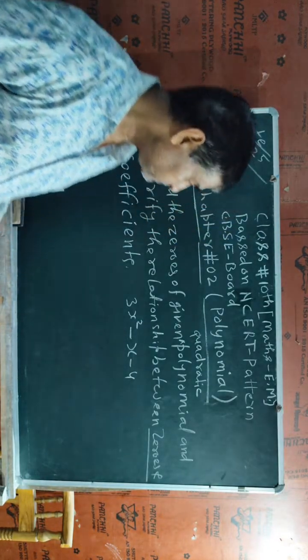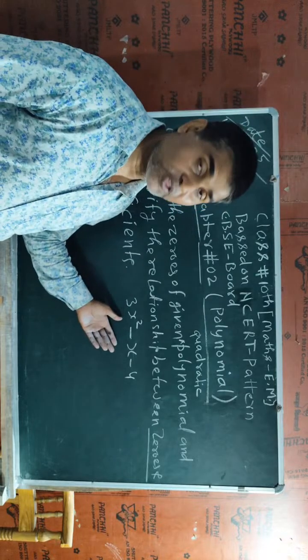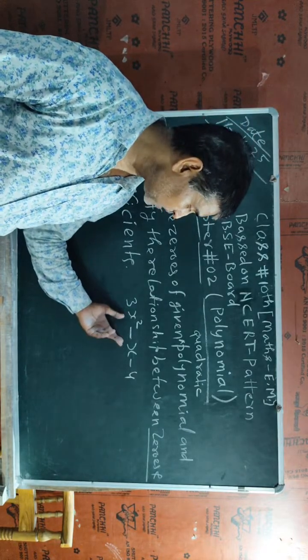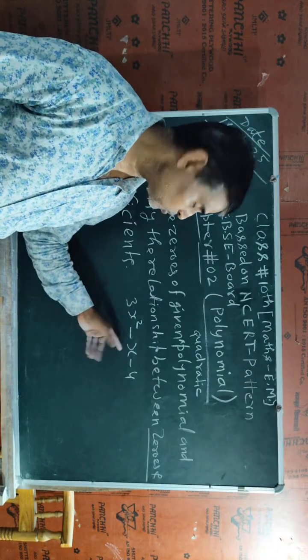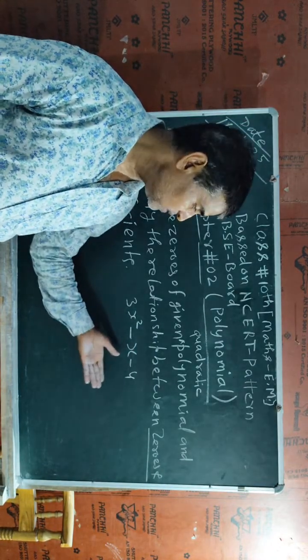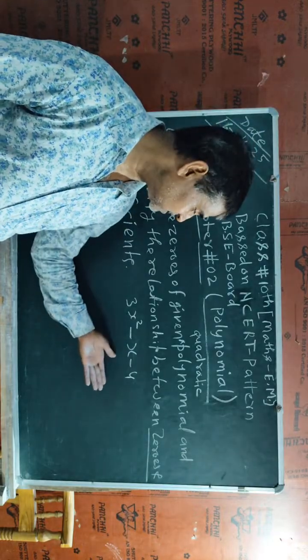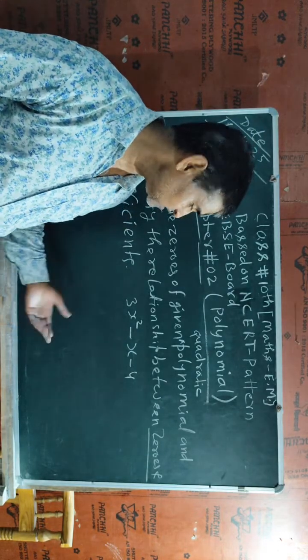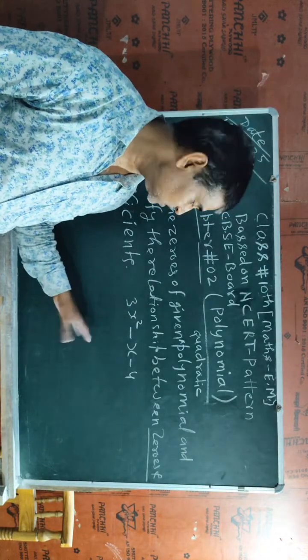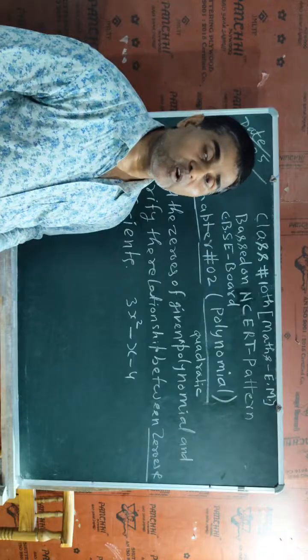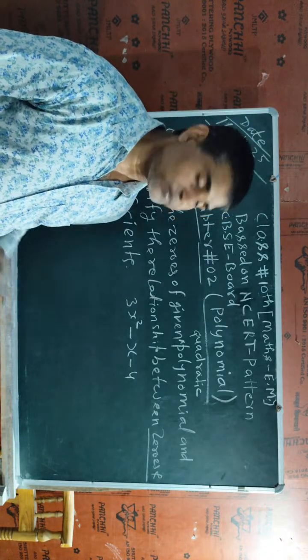Again, you will take the sum of the zeros value. After simplification, you will arrange in the form of coefficient. So you will take minus coefficient of x divided by coefficient of x square, and the product of the zeros, which is equal to constant term divided by coefficient of x square.